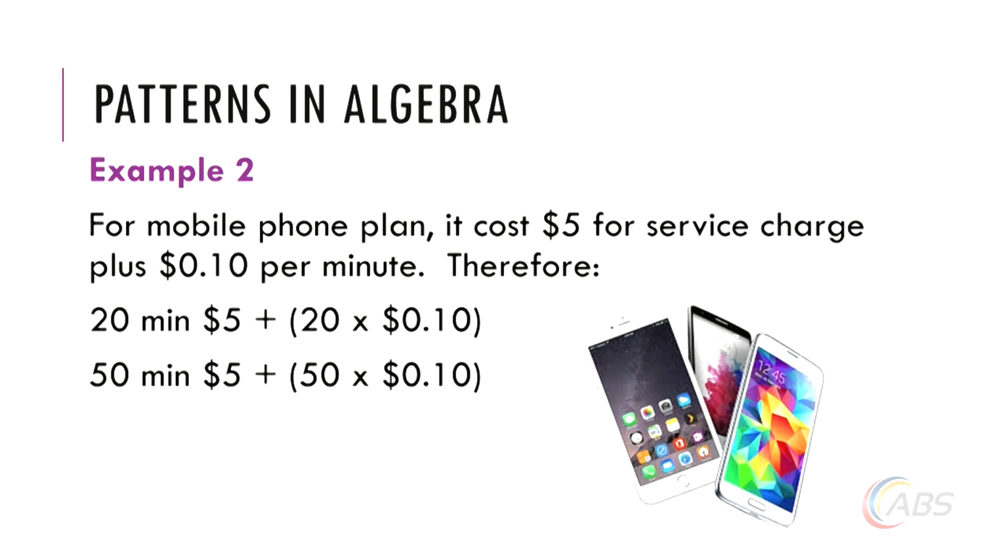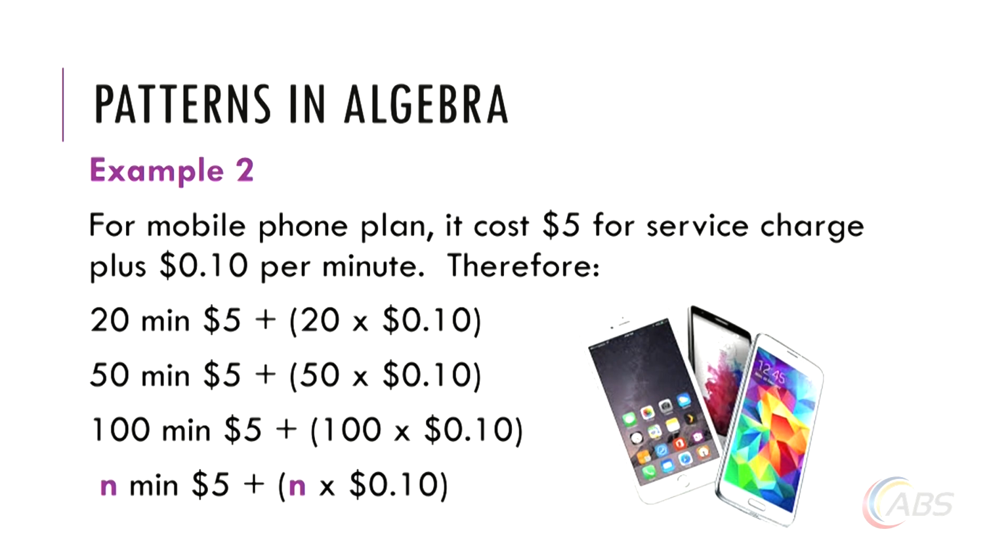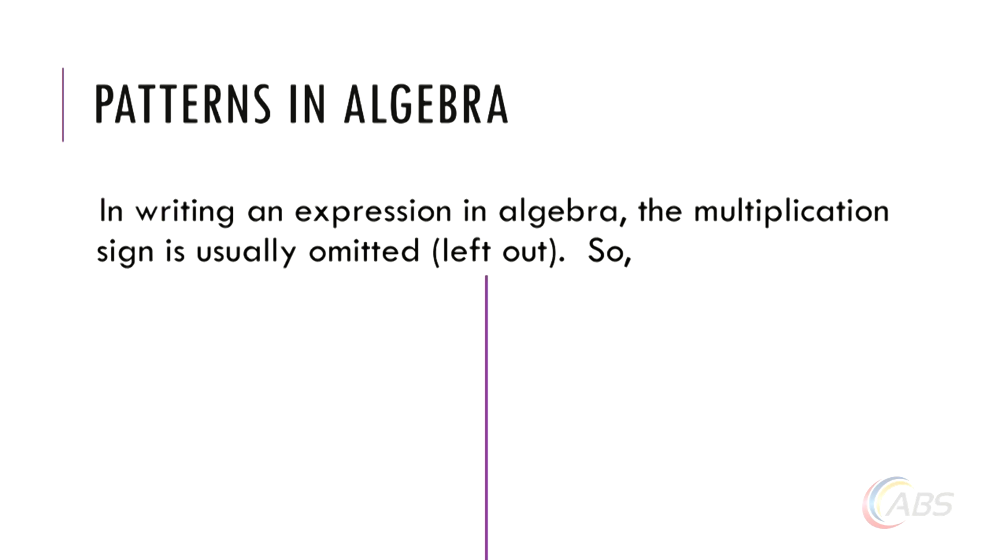Likewise, 50 minutes would be $5 plus 50 times 10 cents. 100 minutes would be $5 plus 100 times 10 cents. And of course, n minutes, however many minutes we'd like to calculate, $5 plus n times 10 cents. So in writing an expression in algebra, the multiplication sign is usually omitted or left out.